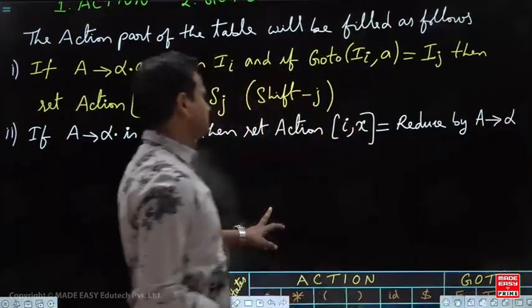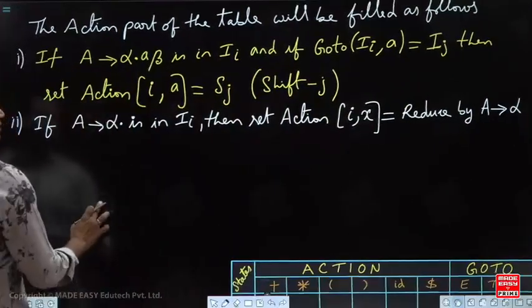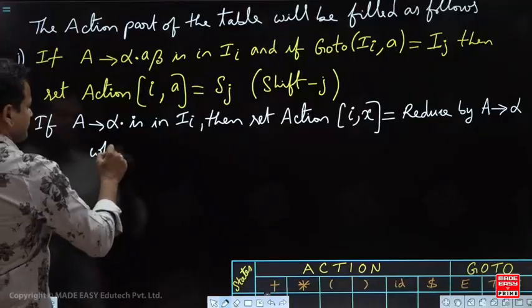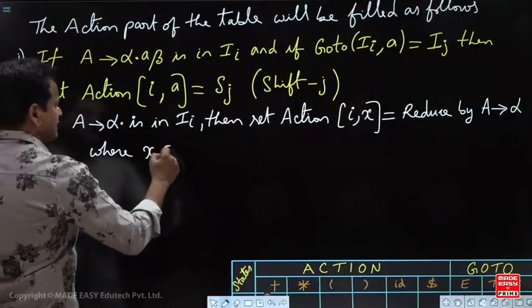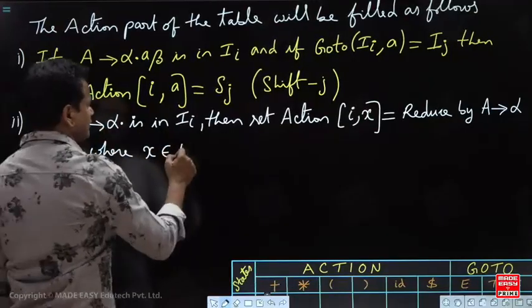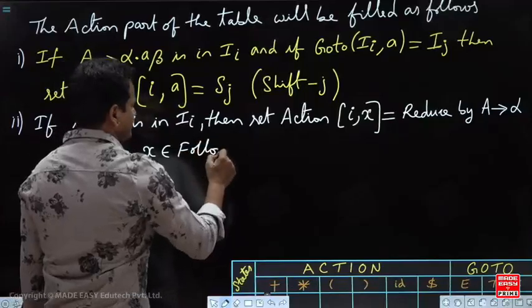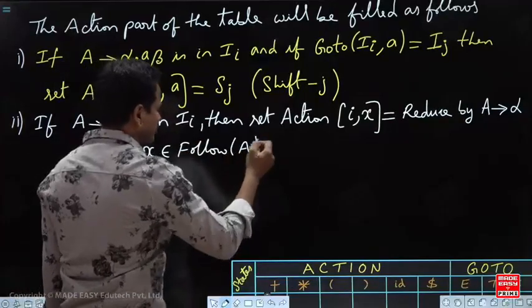Right? Ith row, xth column, reduced by A goes to alpha. So what is x here? Where x is follow of A. Copy this one.